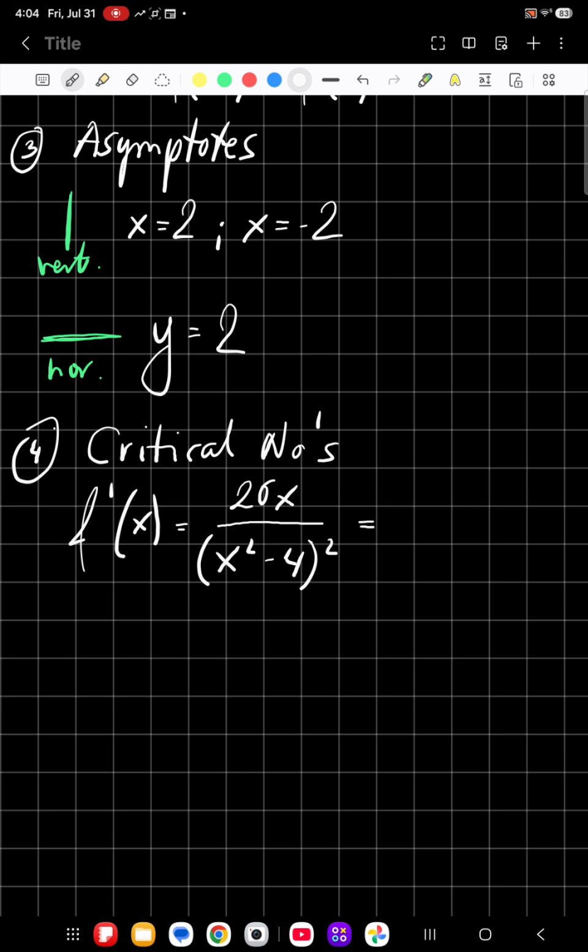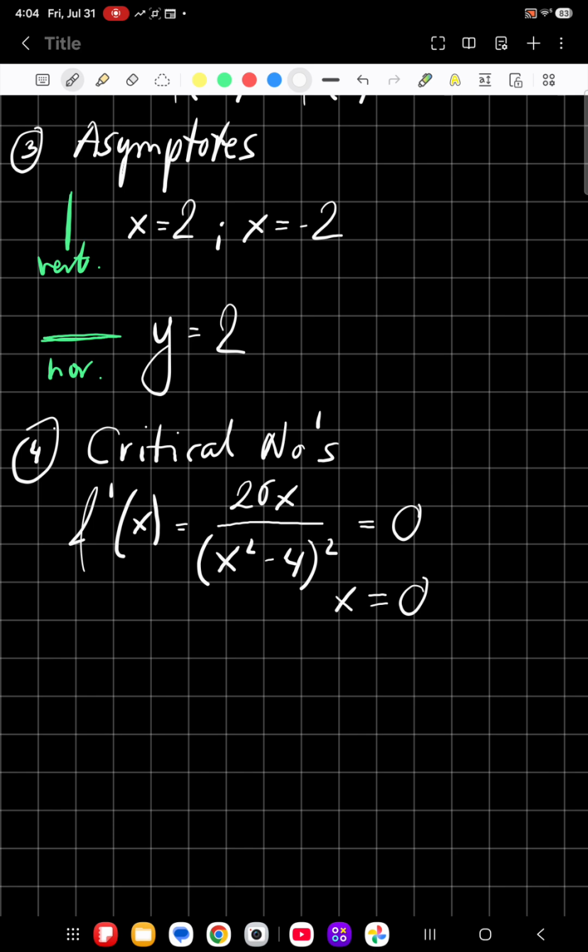We make it equal to 0 and solve it. We could solve it algebraically, multiply by the denominator, and I would get 20x equals 0. The way I like to think about it is, what number that I put in the numerator for x would give me 0? Well, that number is 0. So that's the first critical number.